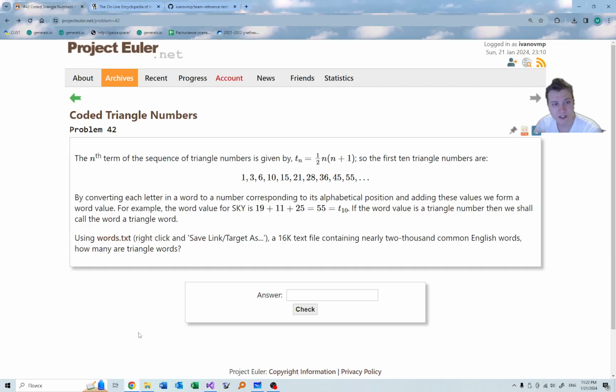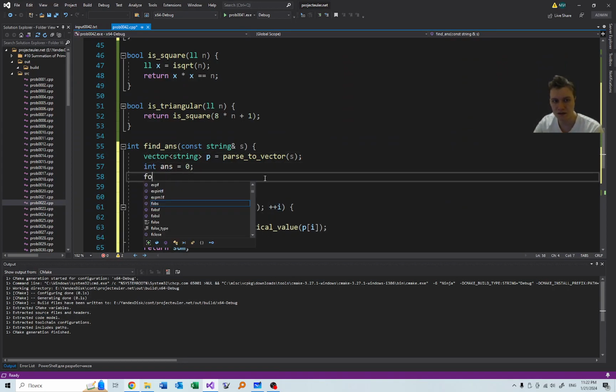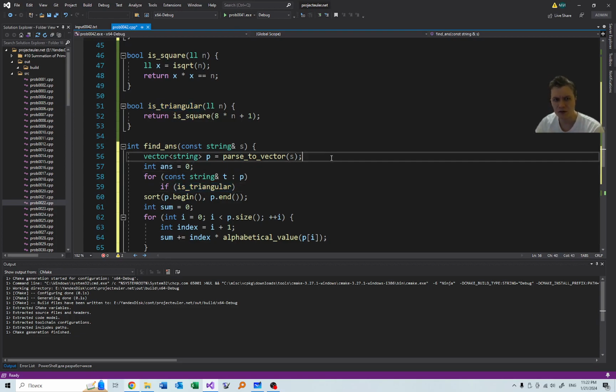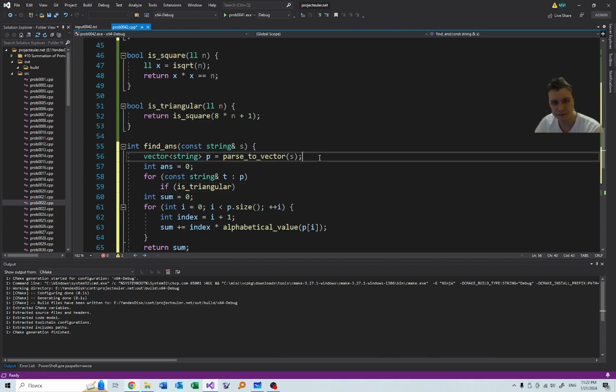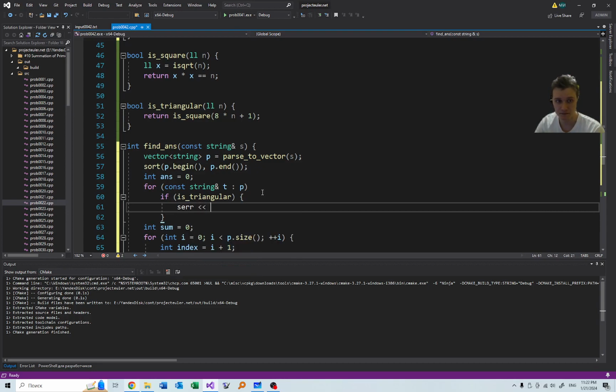Okay, so we need to find the number of triangle words. So it's easy. Let's take answer. Let's take all words, and if is triangular of, actually I also want them sorted just for debug reasons. Let's print this number, this word t.